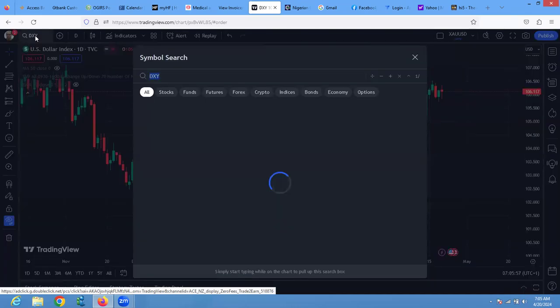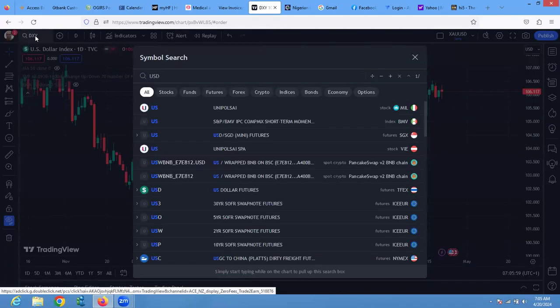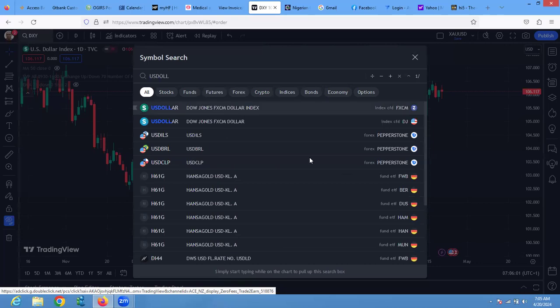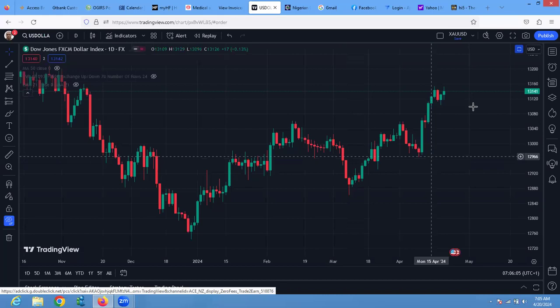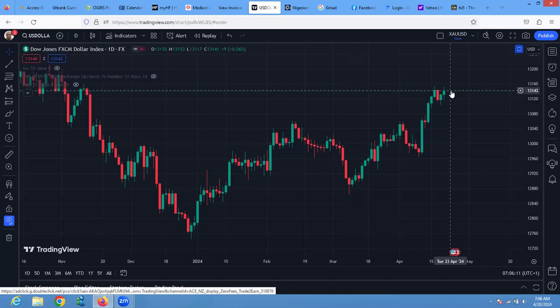Looking at US dollar index also, it has put this in an interesting perspective for us. We can see this move go up, almost kissing the top.